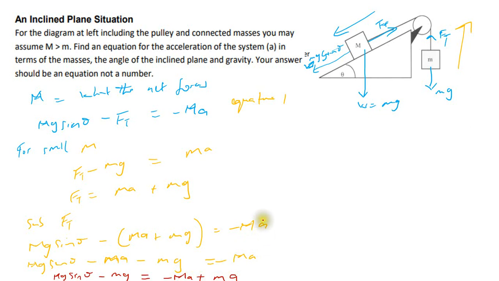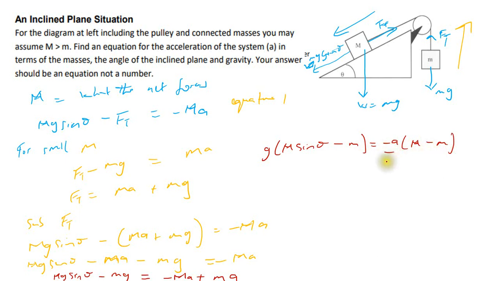Having said all of this, we can do a little bit more factoring. If we factor out g, we have g times M sine theta minus m, and this is equal to, if we go ahead and factor out the negative a, negative a times M plus m.